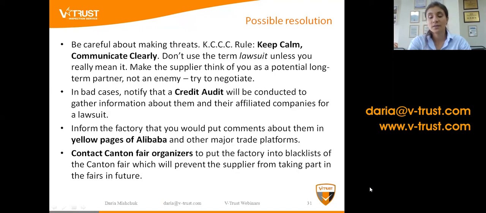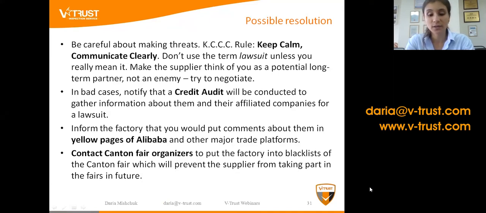And in this case, assets might go off the books, and sometimes the production and manufacturing might be moved to another subcontracted factory and be sold to another buyer, to another customer. So don't intimidate the factory until you really mean it, until you are very ready and thoroughly prepared to start that lawsuit, to start that court case.